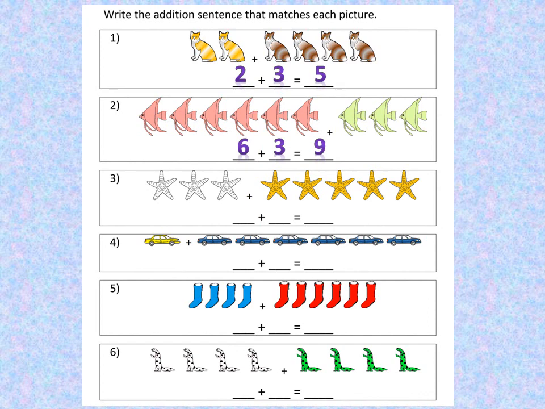The next one, 3 plus 5 is equal to 8. 1 yellow color car and 6 blue color cars. 1 plus 6 is equal to 7. 4 blue color socks, 6 red color socks. 4 plus 6 is equal to 10. The last one is 4 plus 4 is equal to 8.